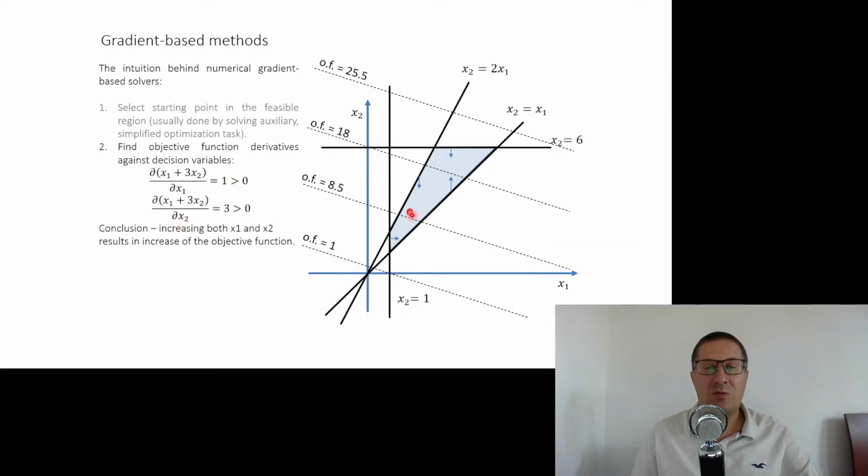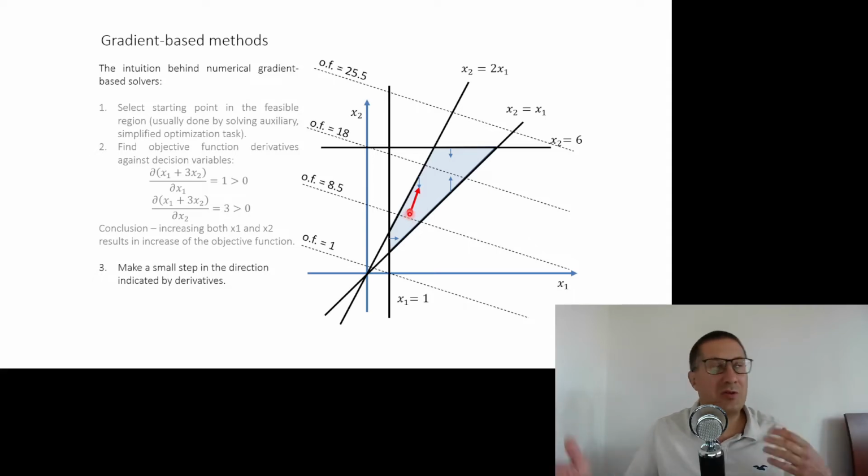So it shows us the direction, right? We need to increase x2 and x1, but we need to increase x2 3 times more than x1. So this is this arrow. Somewhere there is an optimal solution.